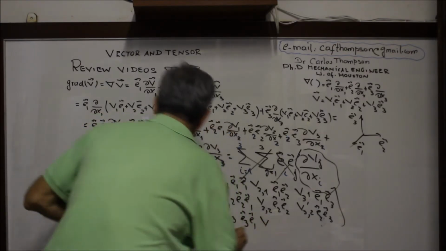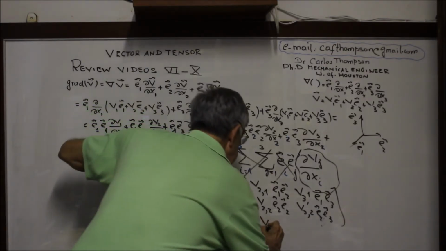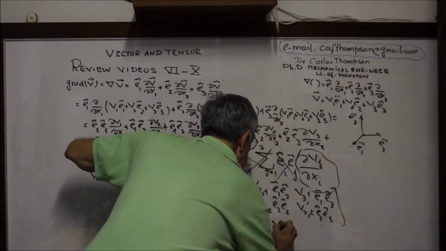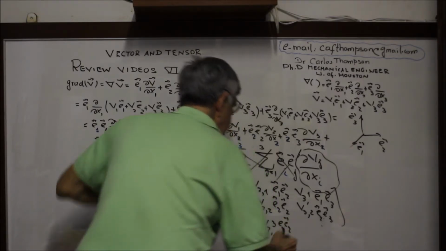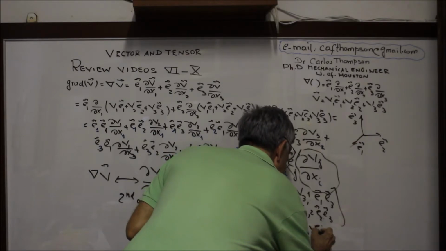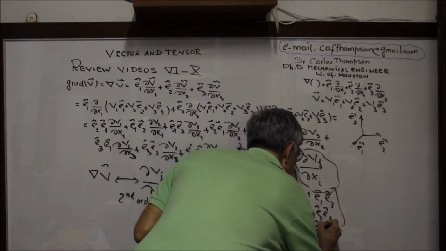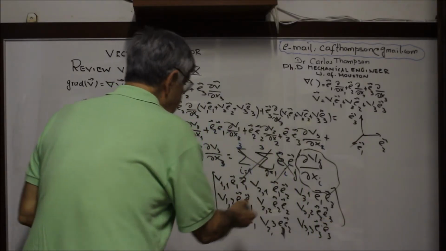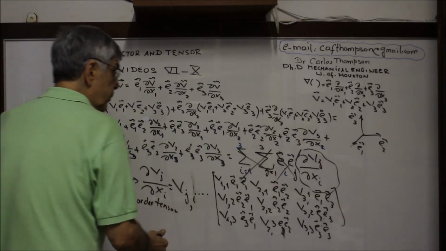Now, V2, comma 3, E2, E3, E3, E2. And the last one will be V3, comma 3, E3, E3. So that's a tensor.